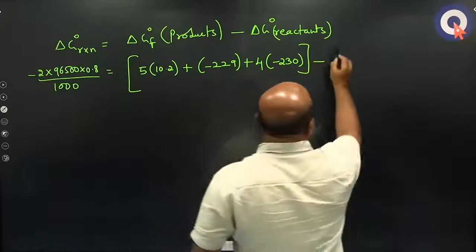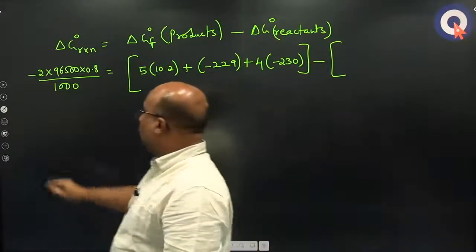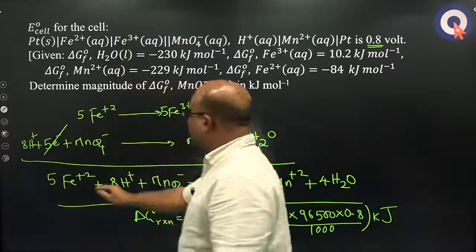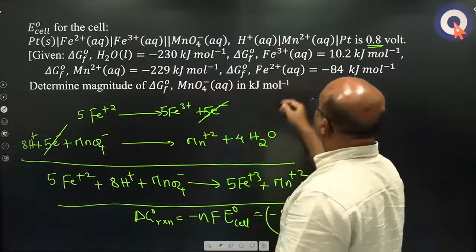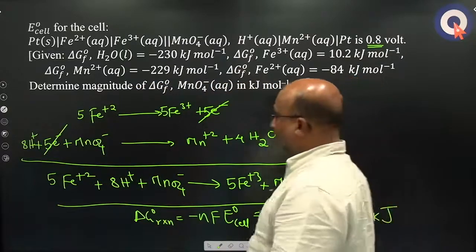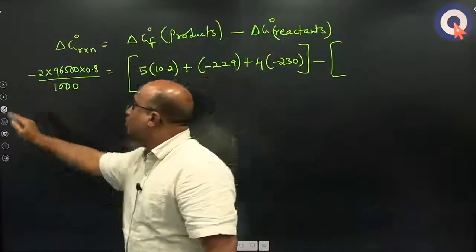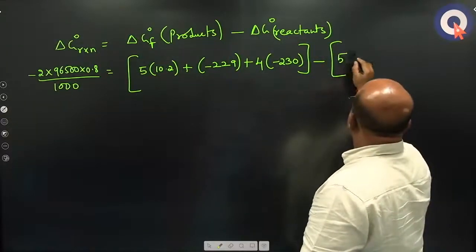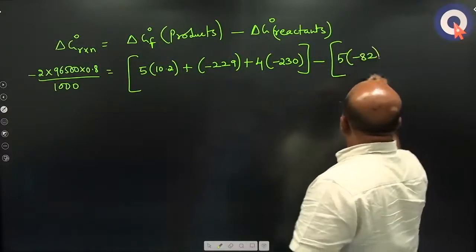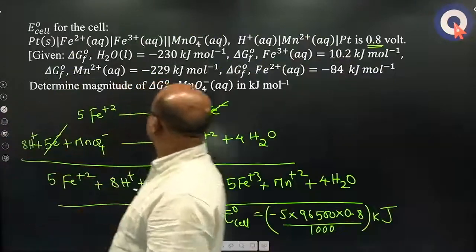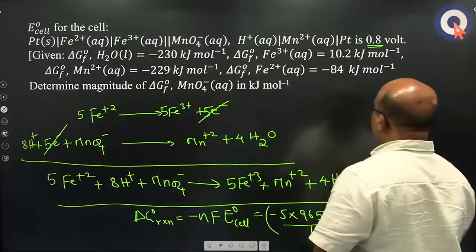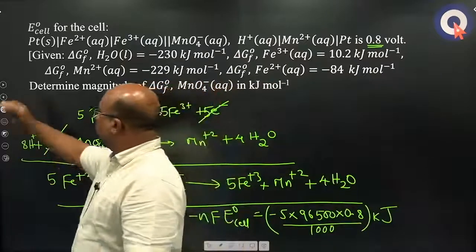In the reactants, what is there? That is Fe plus 2. What is Fe plus 2? It is minus 84, but you have again 5. So that is 5 into minus 84. So that we will do.